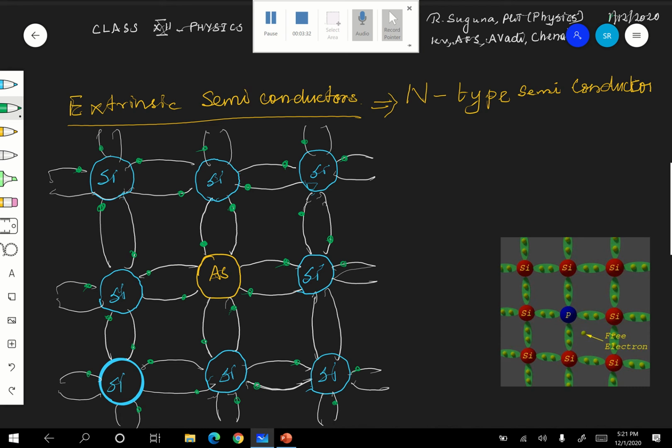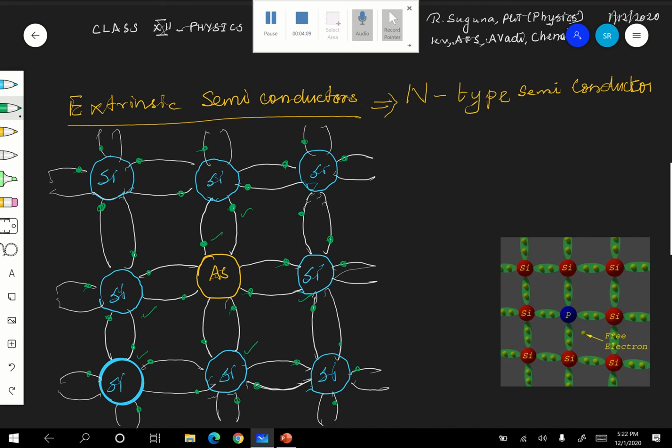Now, here I have arsenic added. Then what happens? Arsenic is a pentavalent impurity, therefore it has 5 valence electrons, of which 4 valence electrons form covalent bonds with the nearby silicon atoms. Of the 5, 4 are engaged in the formation of covalent bonds with the nearby silicon atoms.